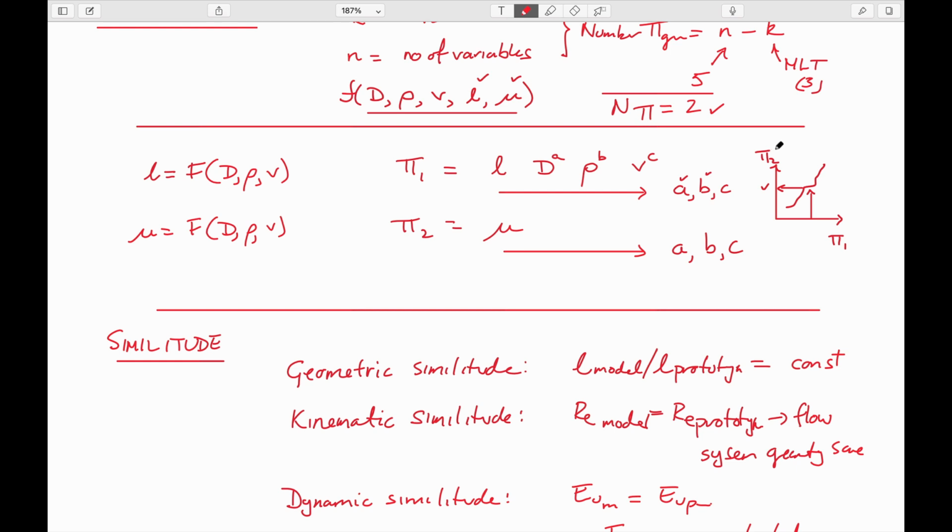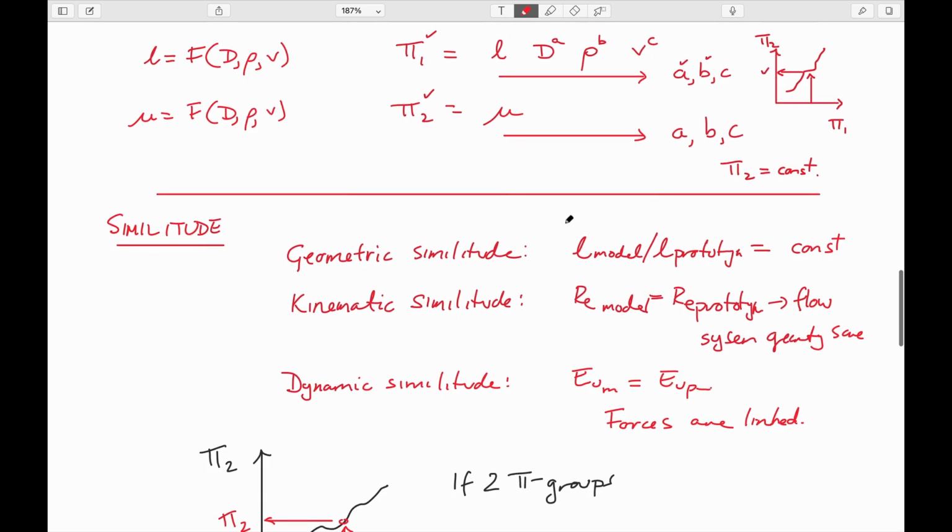So for these variables, the solution for this would be pi 2 equals constant. And so you need that to be able to solve for the system. But you'll have defined each of these variables from going through this formalism in terms of Buckingham pi.